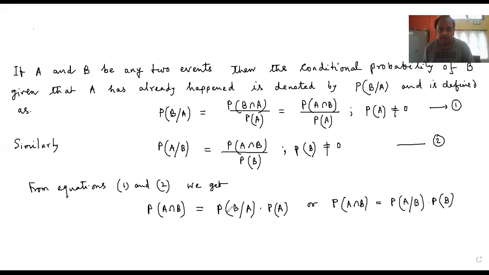Now the interesting part is that here I have mentioned that capital A and capital B are any two events. Let us assume that capital A and capital B are independent events. Yesterday I explained independent events.